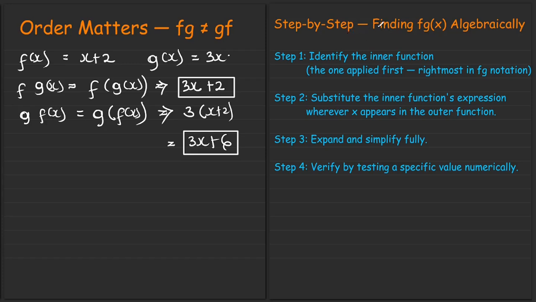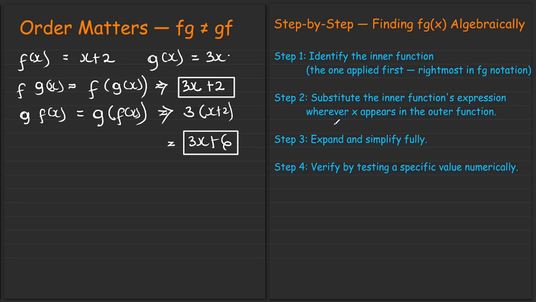So here is the step-by-step procedure we use to find composite functions algebraically. You first of all need to identify the inner function. Most of the time, the inner function is the one to your right; the rightmost function is your inner function. Then you evaluate it with the value of x you have been given.